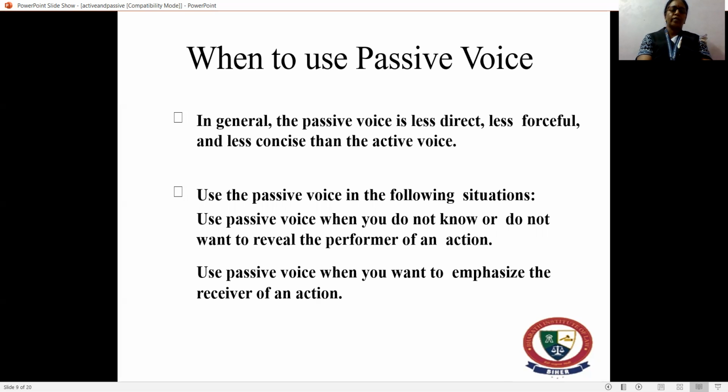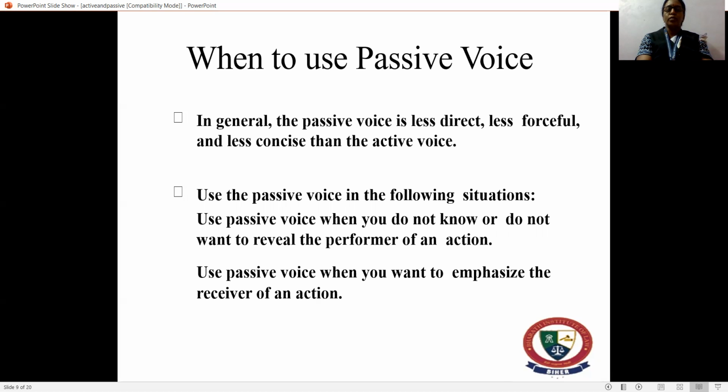Though it has a lot of these disadvantages, in some situations it is a must, or people tend to use passive voice sentences. What are those situations? That is what we are going to see now. So use the passive voice in the following situations. When do we use it?